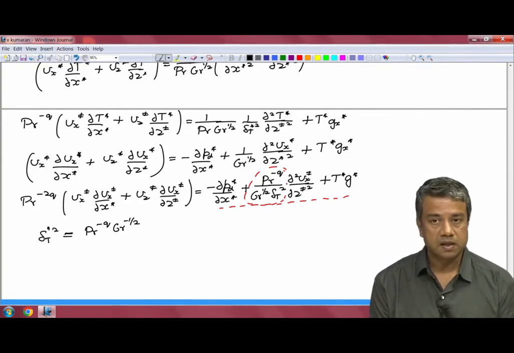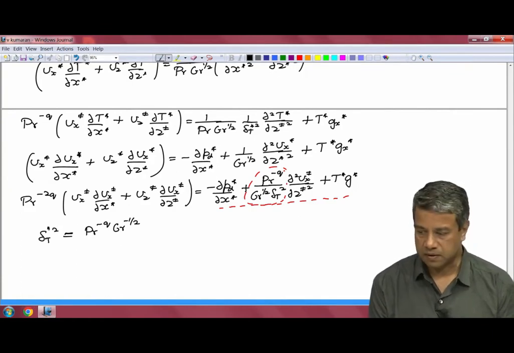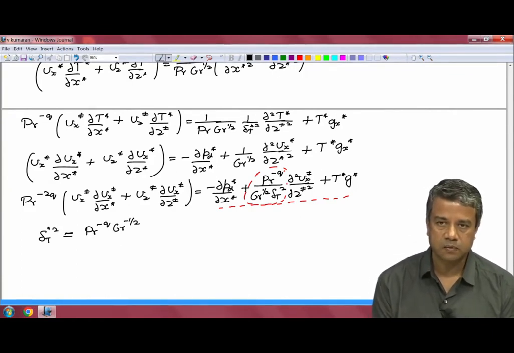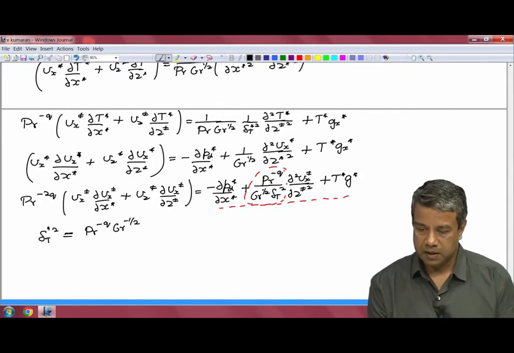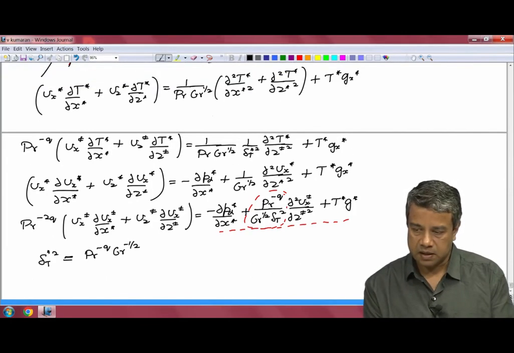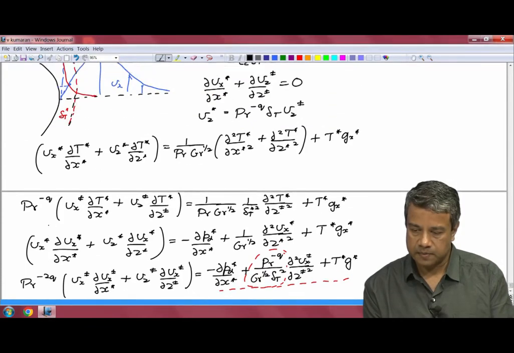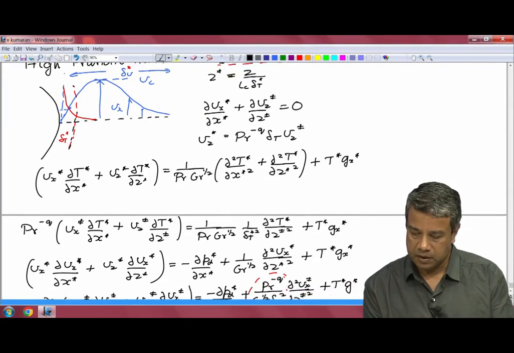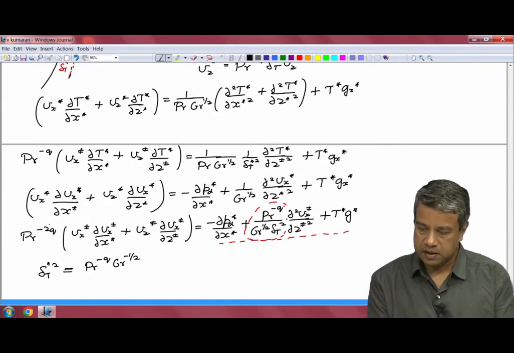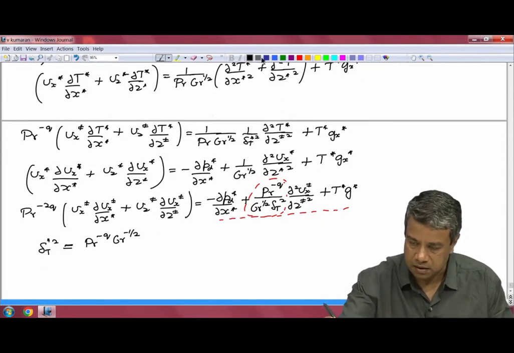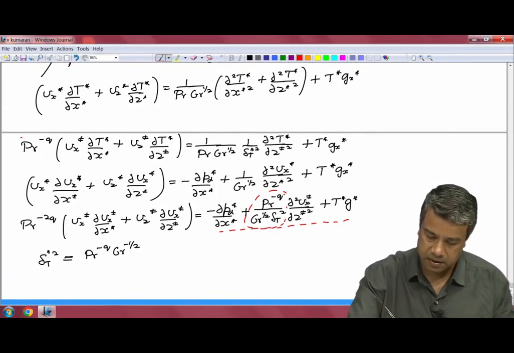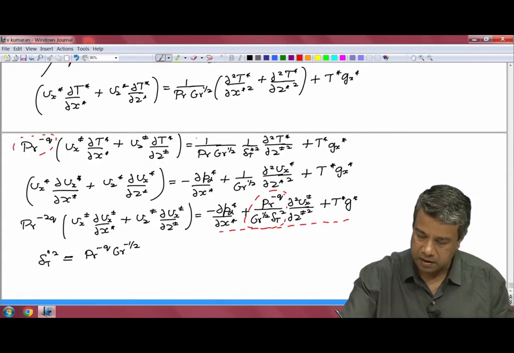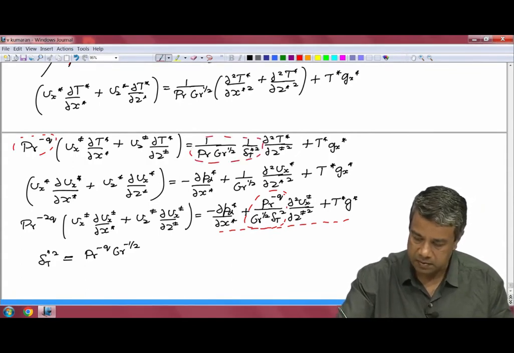So, that is one relation I get for this index Q, by balancing the viscous term with the body force term in the momentum equation. The second relation that I will get is by balancing the convective and the diffusive terms in the energy balance equation.